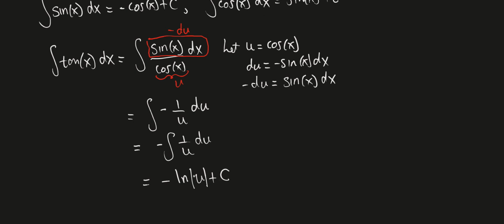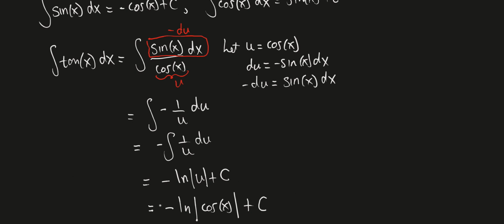I'm putting the absolute value because we have no idea if u is positive or negative, and this is a valid antiderivative of 1 over u. Then let's reverse the substitution. So here is one form we can write the antiderivative of tangent in: negative the natural log of the absolute value of cosine of x plus c.